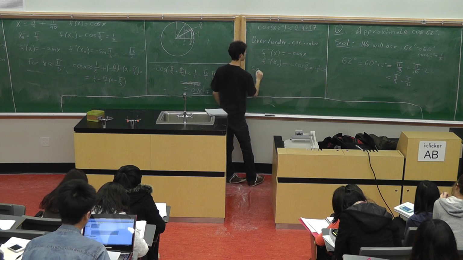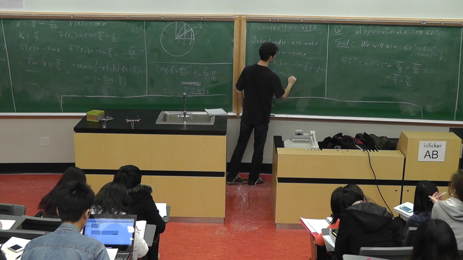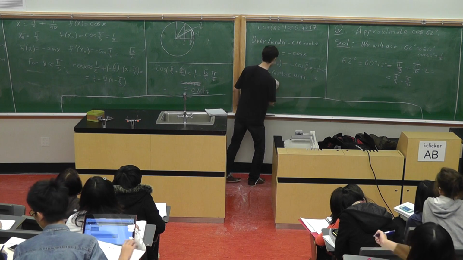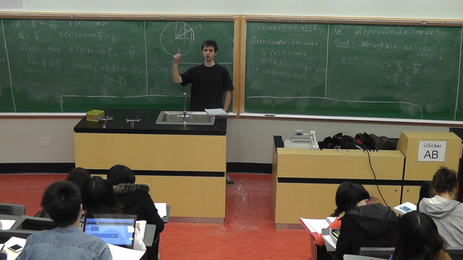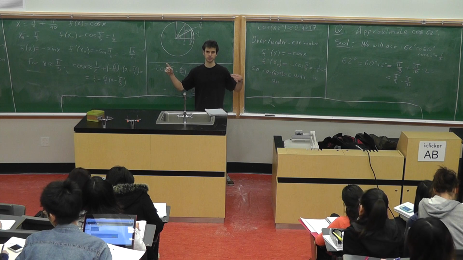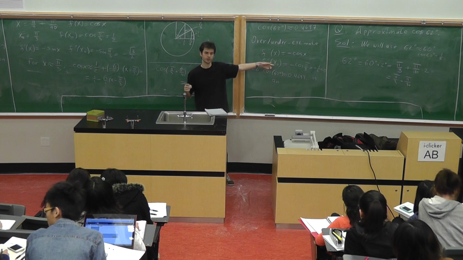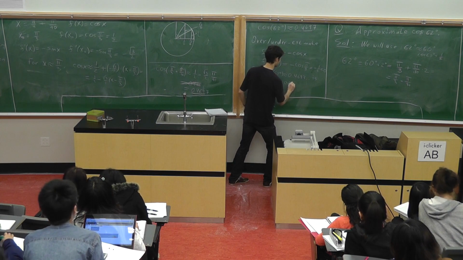So for cosine of 62 degrees being approximately 0.4697, my function is concave down. So the actual tangent line lies above it. So it produces an overestimate.